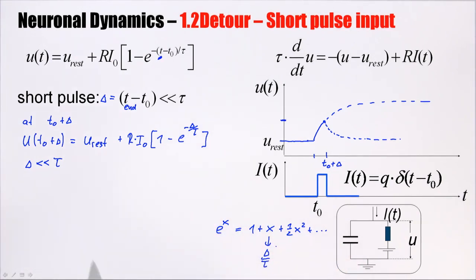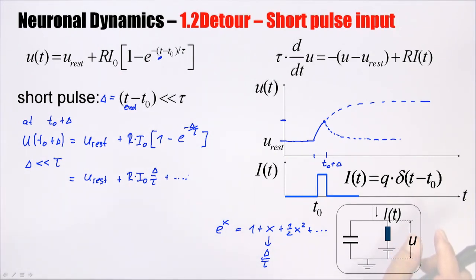So let's write this down. I have u rest plus r times I0. The first term of the exponential is 1. It kills this one here. The next term is x, which is delta over tau, plus other terms, which we are going to neglect.